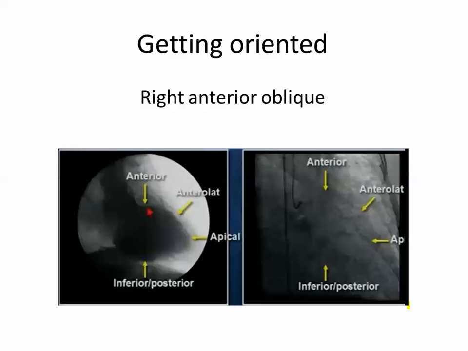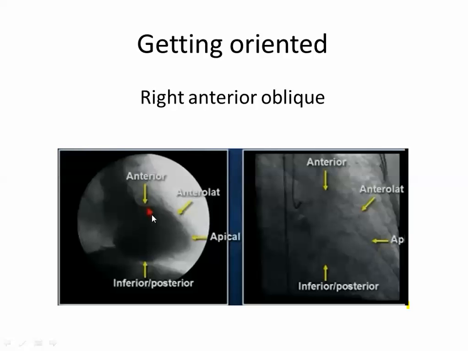This is the most important slide. This is an LV angiogram. The first thing you want to know is the walls. Once you know the wall, you can know what artery is on it, what graft is on it, what anomaly is on it.